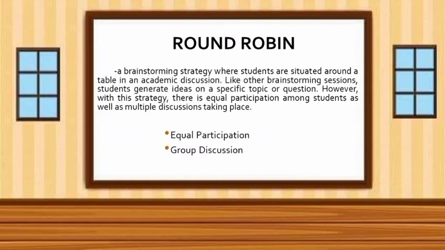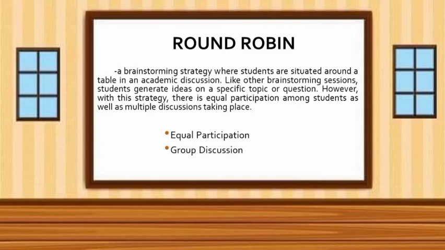In group discussions, tables are arranged around the classroom and positioned so that there are multiple brainstorming discussions taking place at one time. When the timer goes off, or when the teacher says, each group moves to another table where the topic is different. Once groups have rotated to all tables, the round robin discussion strategy is over.